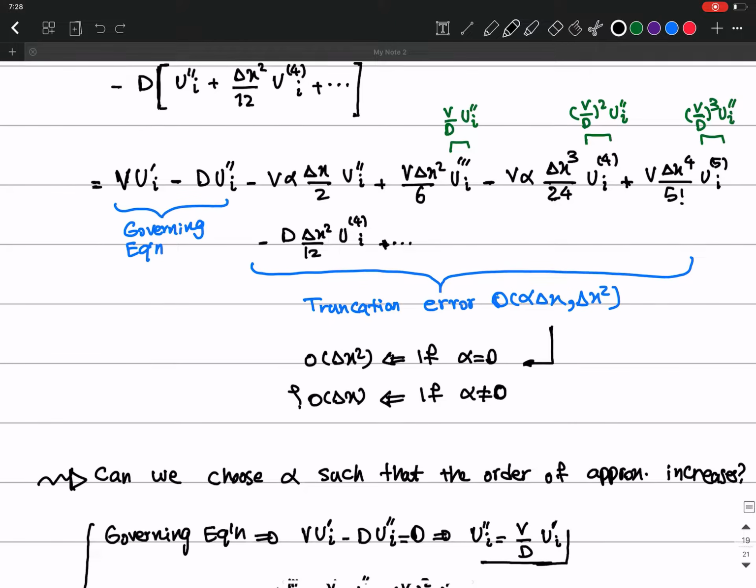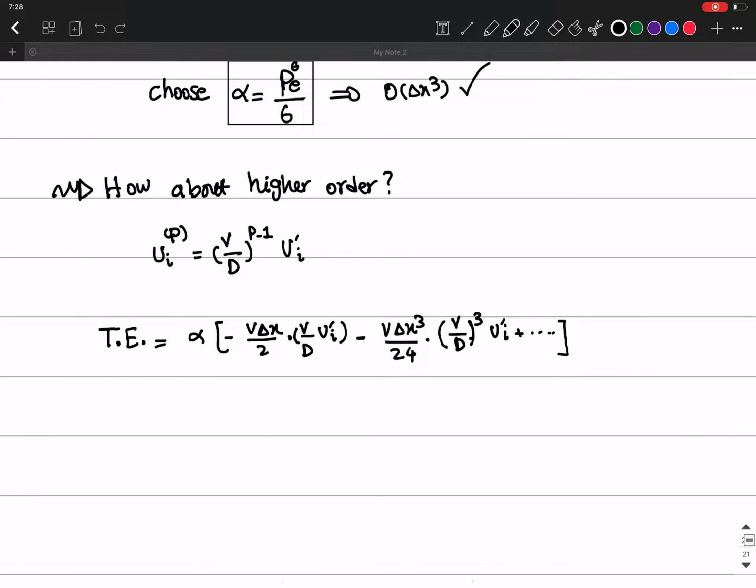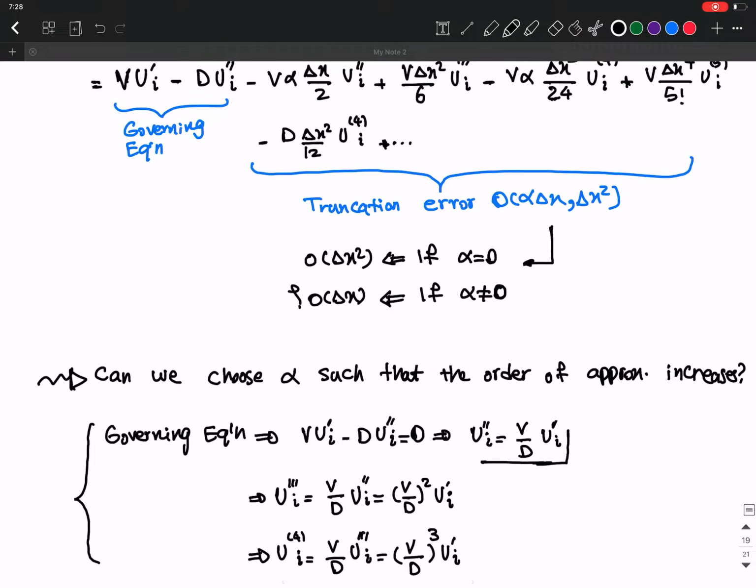Okay, so first let's start with V delta x squared over 6. So I have plus V delta x squared over 6 times, it is U double prime, so U triple prime. Let me see.